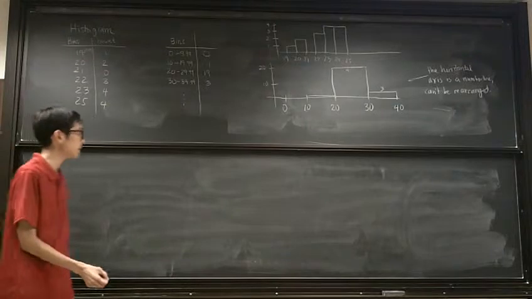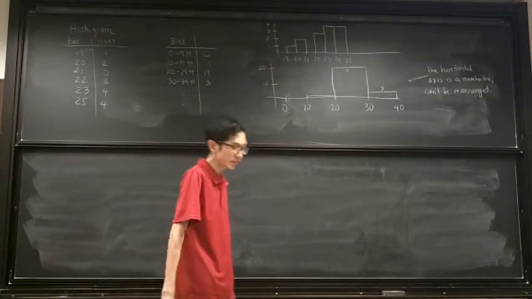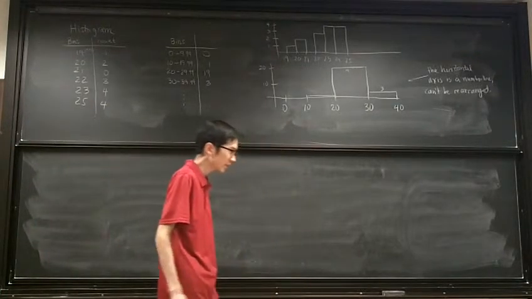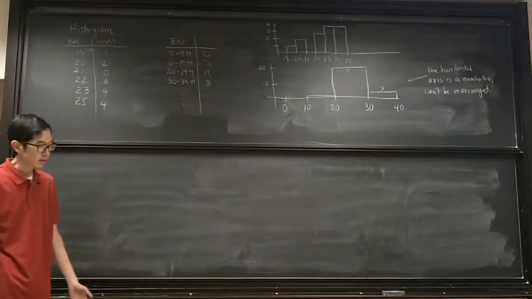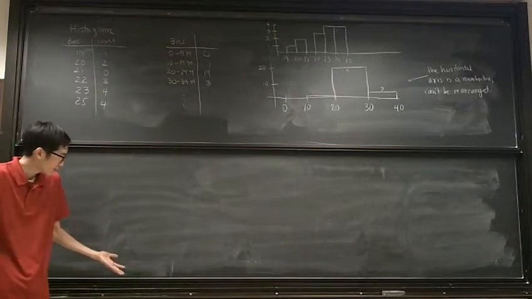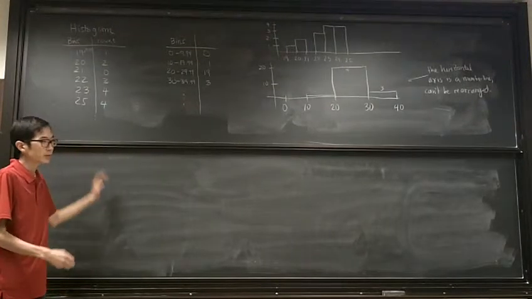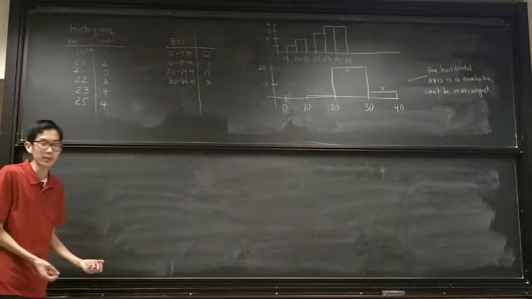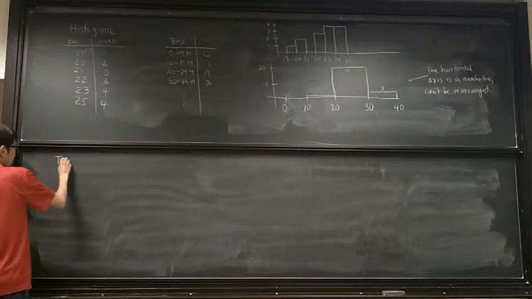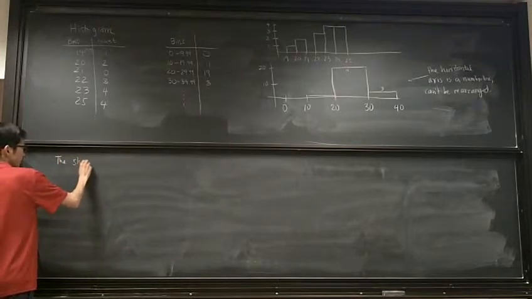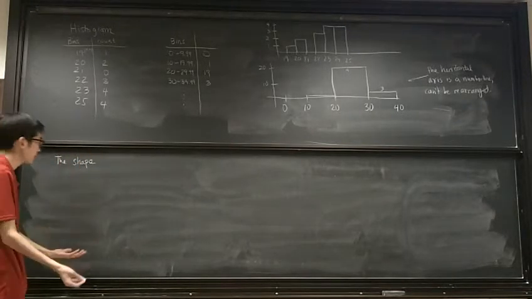So we might see histograms for different sets of data, and the histograms will look different, of course. And we want to be able to talk about the shape of the histogram, and what those shapes actually mean.